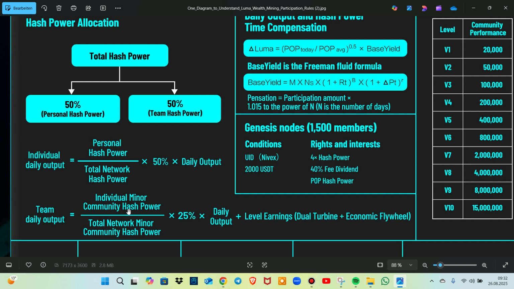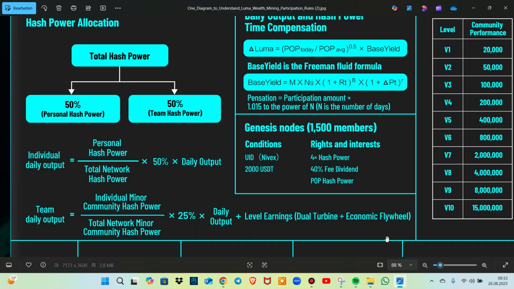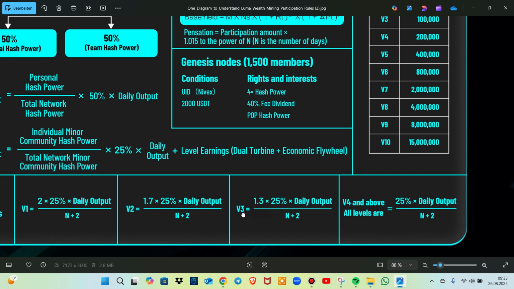And this will help the sustainability a lot. This has proven to be a very sustainable system in various protocols. For example, the Butterfly ecosystem, right? So down below, you see the formula of how those pools will be calculated.